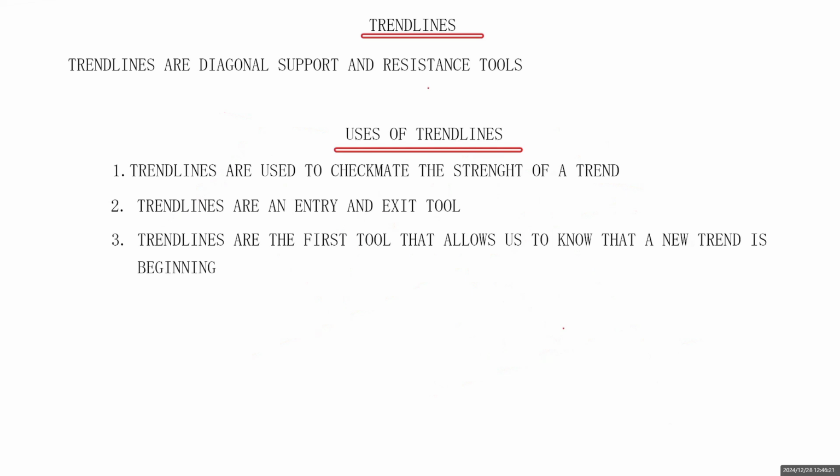This means that a break of a trend line allows us to know that a particular trend is done. If we see prices making all of this bullish trend, respecting the trend line, and prices now eventually comes and breaks the trend line, then trend line is the first tool that allows us to know that a new trend is beginning.